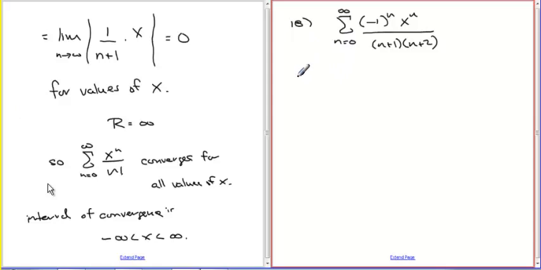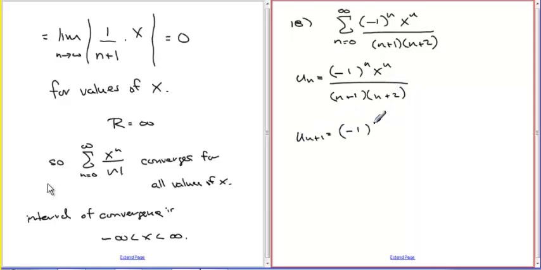So u sub n is just what we have. And u sub n plus 1, so these become n plus 1, and n plus 1 becomes n plus 2, and n plus 2 becomes n plus 3.